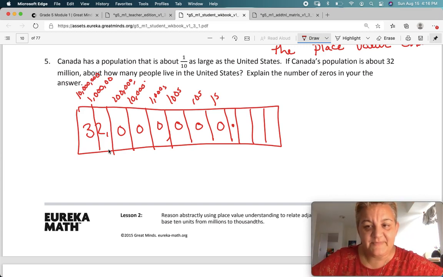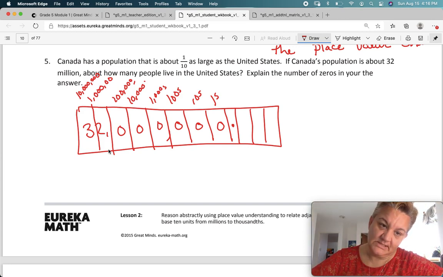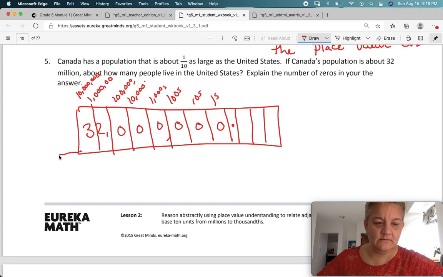Now, if Canada's population is 1/10 as large, that means that we are going to multiply by 10, or we could divide by 10. All right, that means that we're going to have to go over one more space.